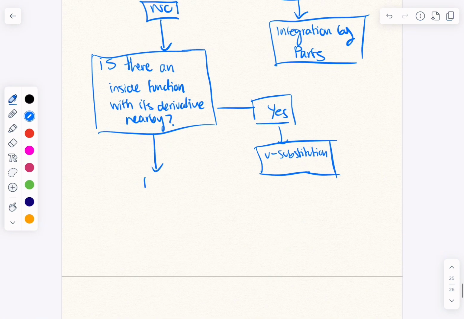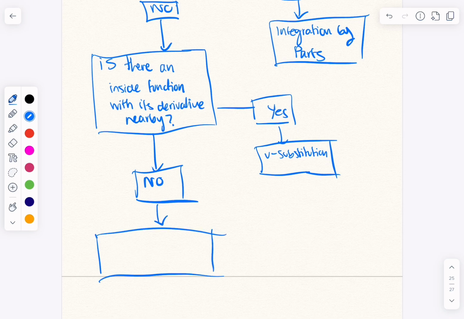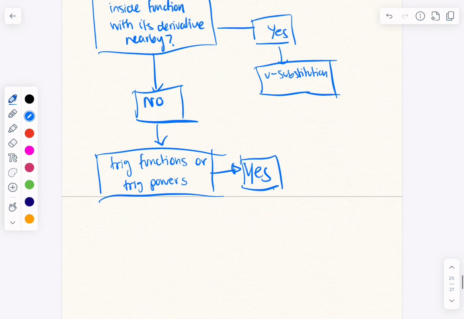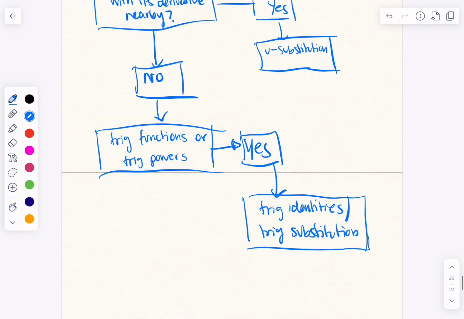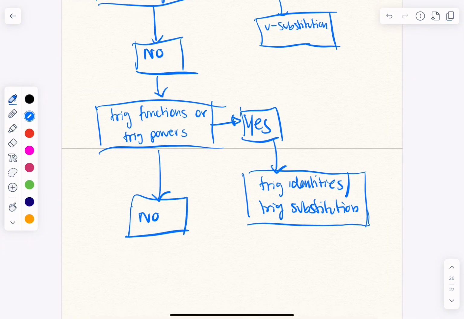And then if no, I ask the third question. Is it trig functions or trig powers? If yes, then I want to use trig identities and trig substitution. But if no, then I ask the fourth question.